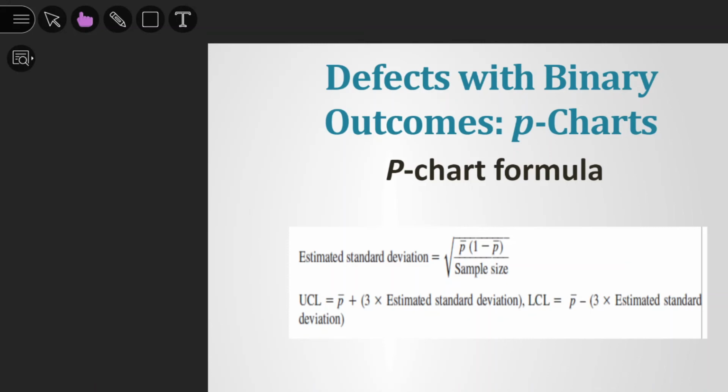Sample size in this case has to be between 50 and 200, and UCL and LCL are also calculated similarly to X bar. Okay, so in this case, that's basically it for that particular thing.